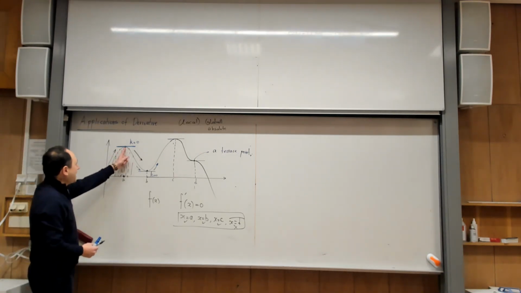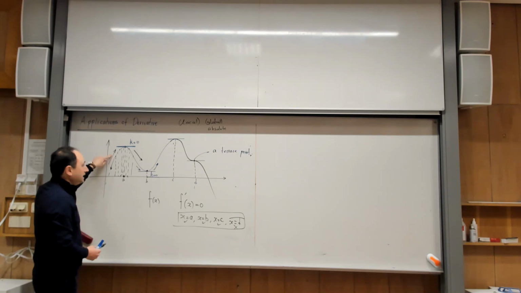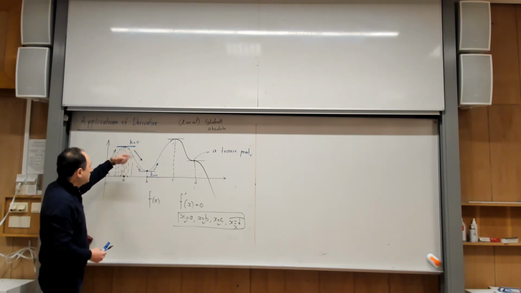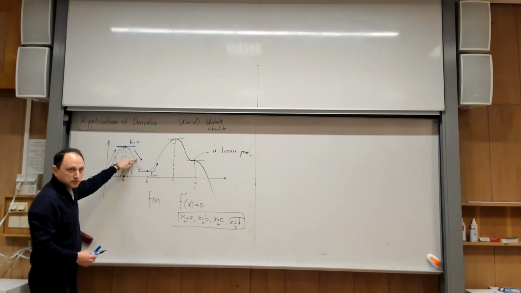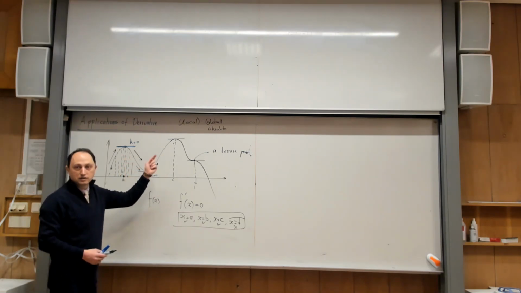For the max, on the left, the function is going up. Do you remember the word? The function is increasing. On the right, the function is going down. The terminology is the function is decreasing. But for a min, before that point, the function is decreasing, and suddenly after that, it is increasing.